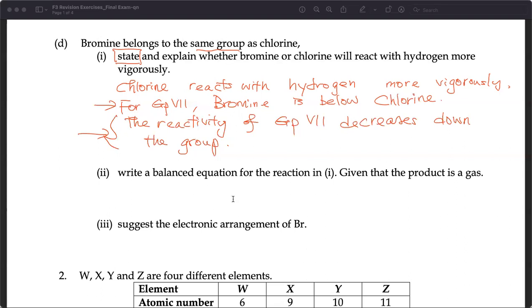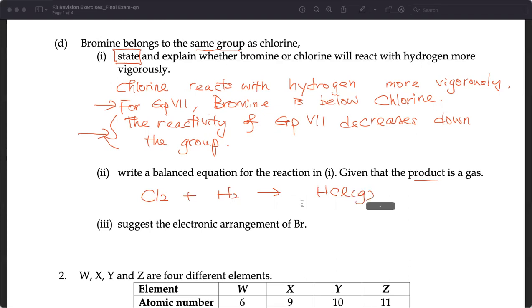Next, write a balanced equation for the reaction. It should start with chlorine because chlorine is the most vigorous one. Chlorine reacts with hydrogen to become HCl. It is given that the product is a gas.